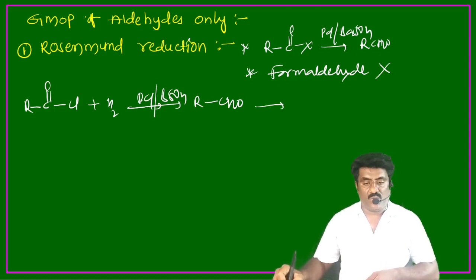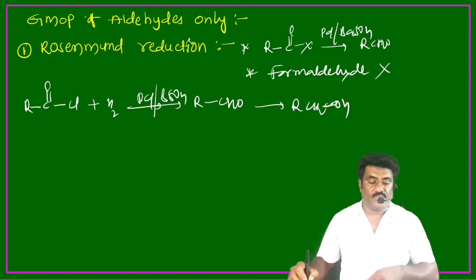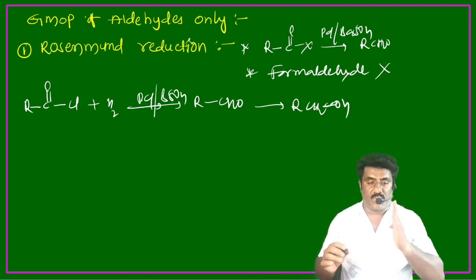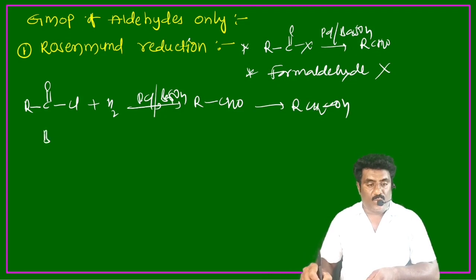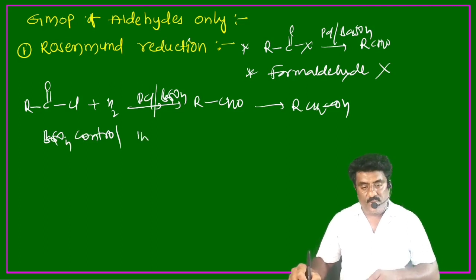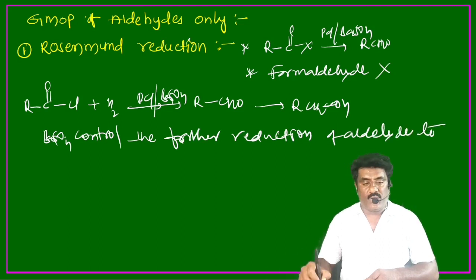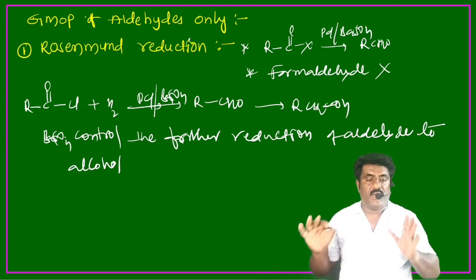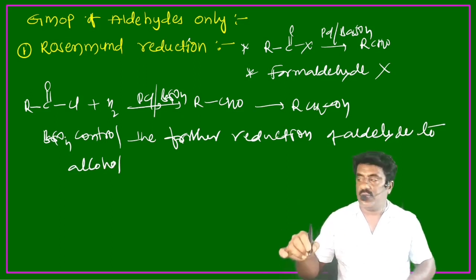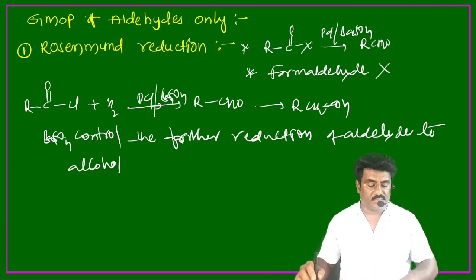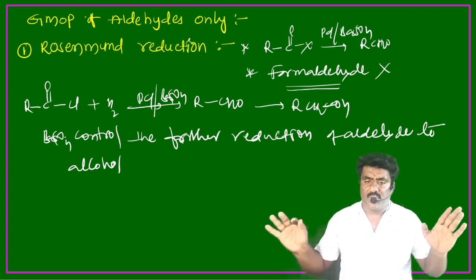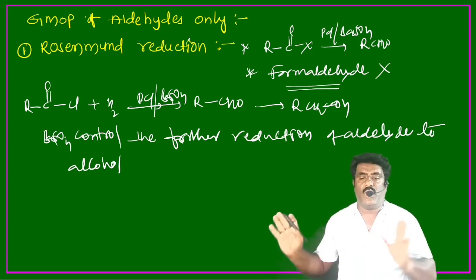Again it could be converted to RCH2OH by further reduction, so the barium sulfate, BaSO4, controls further reduction of the aldehyde to alcohol. Remember, in this method formaldehyde cannot be prepared. It is the conversion of acyl halide to aldehyde.